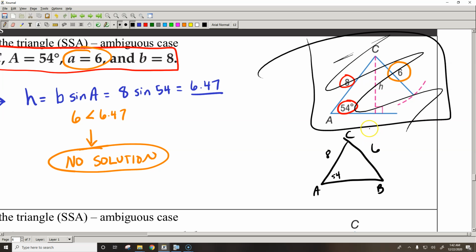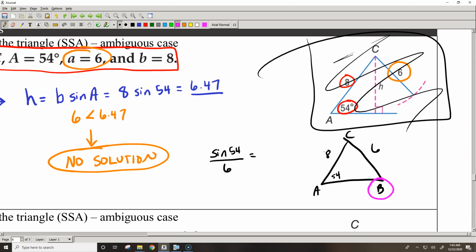And if we tried to do the law of sines here, we would say, all right, the sine of 54 divided by 6 is equal to... The only place we could use the law of sines here is if we solved for angle B. If you look at this picture, the only thing we would even have a chance of solving for is angle B, because we know the other side length right there.